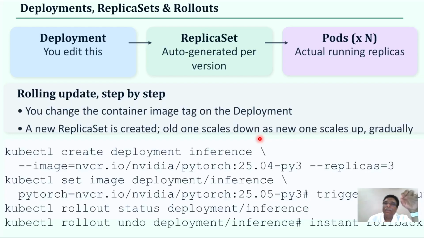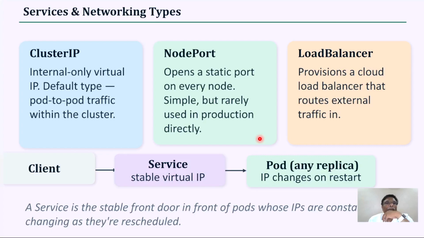So those things we can actually monitor and maintain using Kubernetes, right? Not going into the details very much, but these are certain things which will make us understand the benefits of Kubernetes, right? So ClusterIP is an internal only virtual IP, the default type, for pod to pod transfer within the cluster.